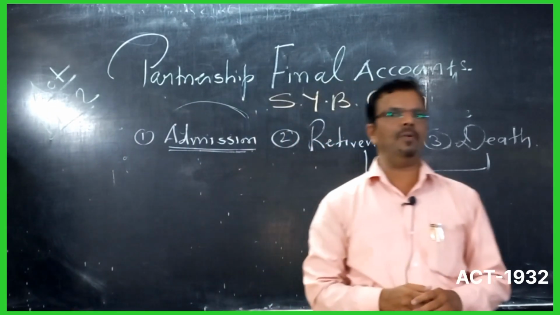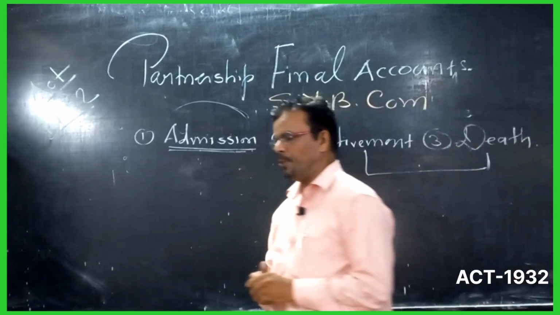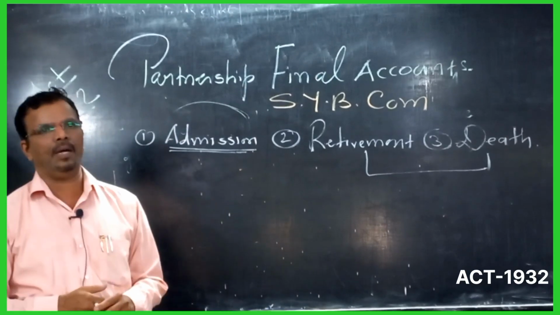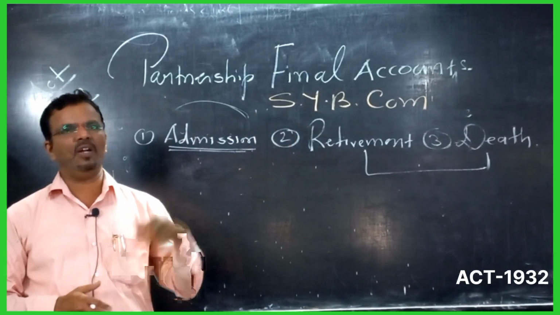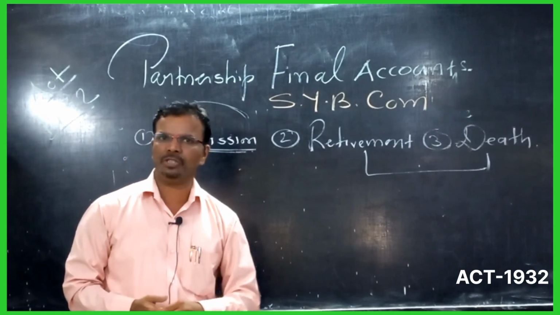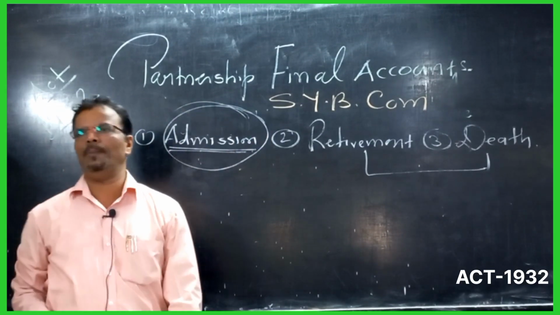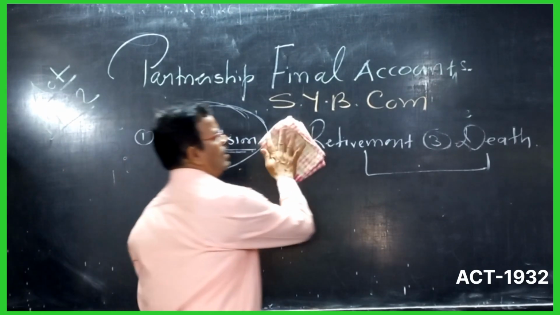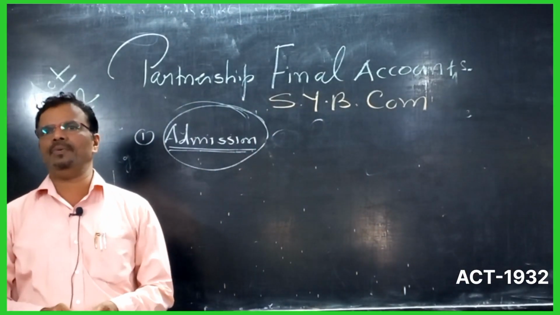So in final account, sometimes new partners come in, and at that time we have to do the final account. In this case, we are preparing the trading account, the profit and loss account, and the balance sheet. But in case of admission, sometimes the format will be changed. Now how the format will be changed, let me see.